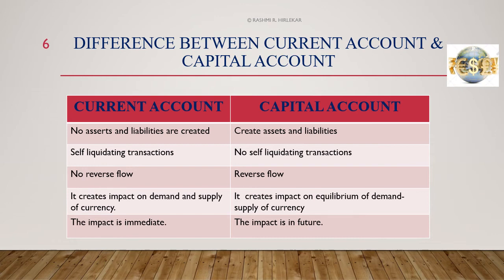Transactions in current account create impact on demand and supply of currency, whereas transactions in capital account create impact on equilibrium of demand and supply of currency. The impact of transactions recorded in current account is immediate, whereas impact of transactions recorded in capital account is in future.